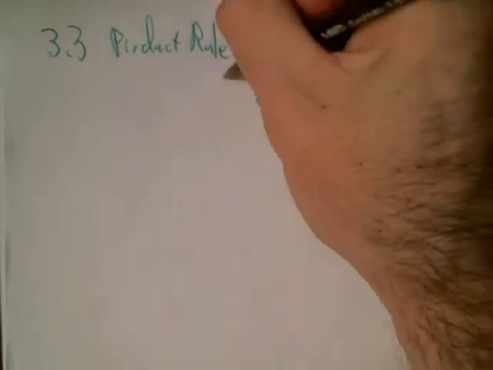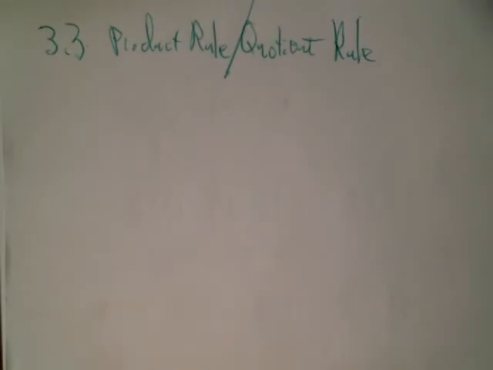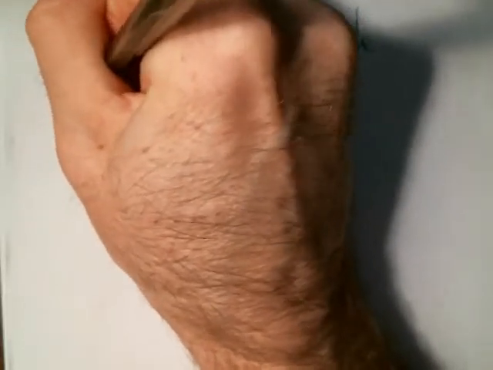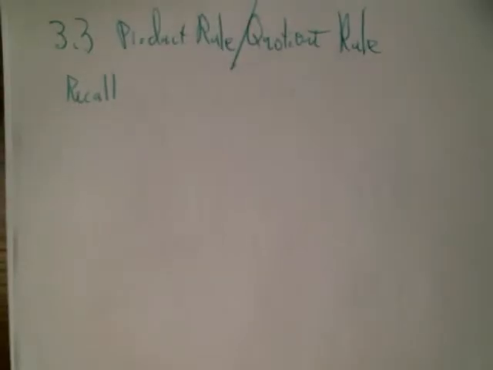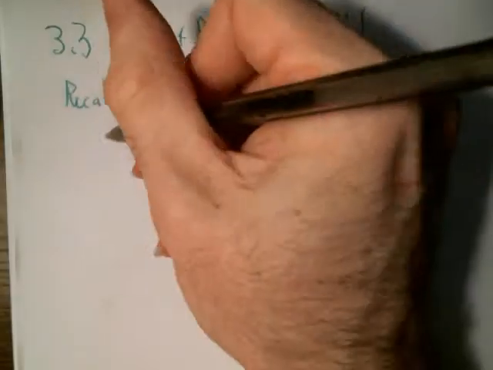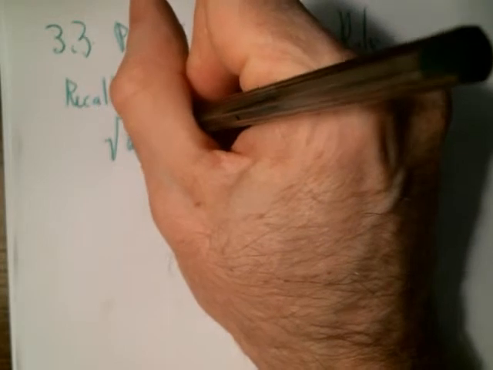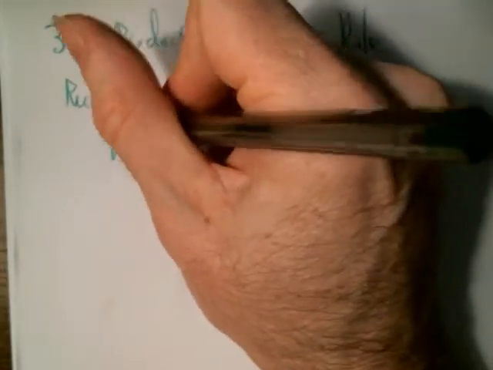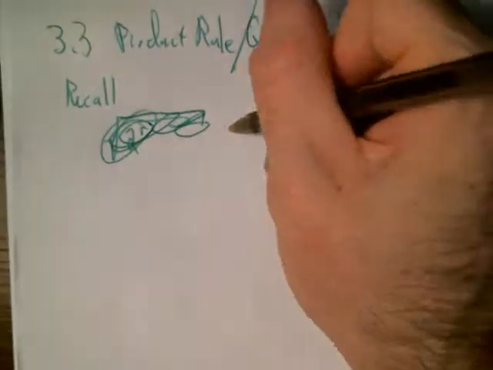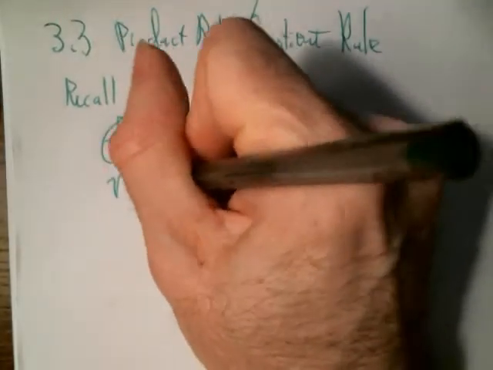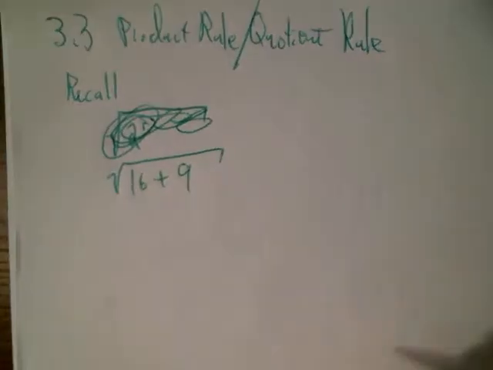Okay, so recall there's all these rules that kind of already exist that we work with. Things like the square root of 16 plus 9.